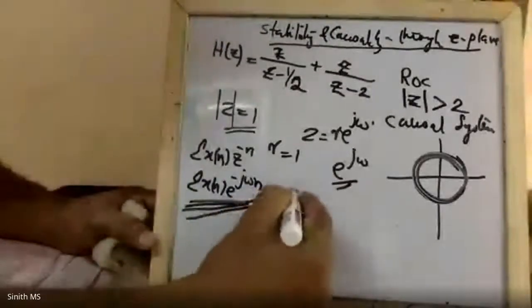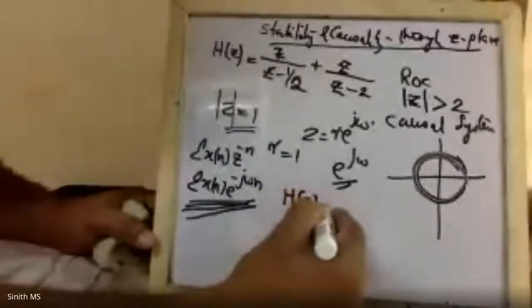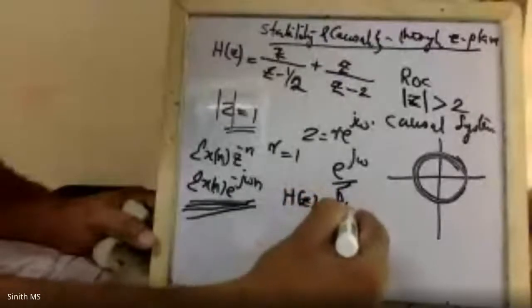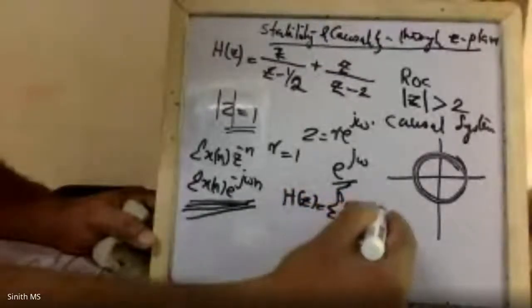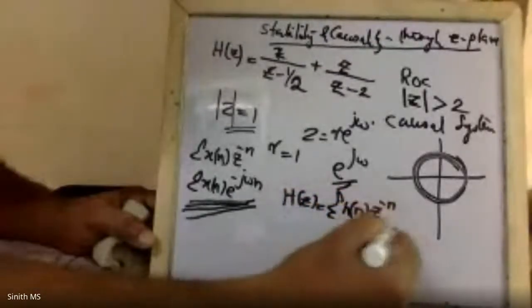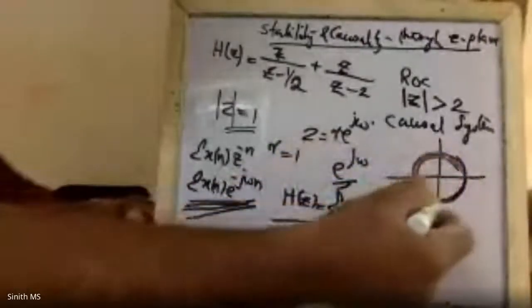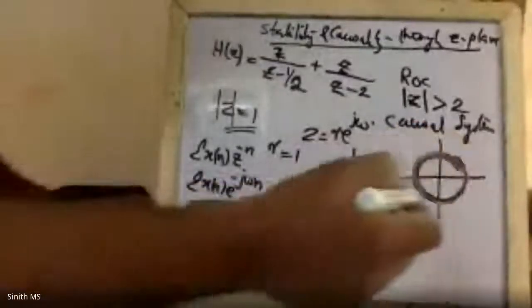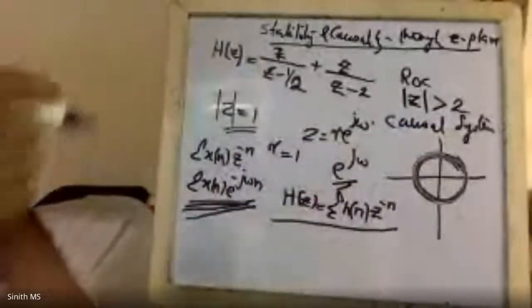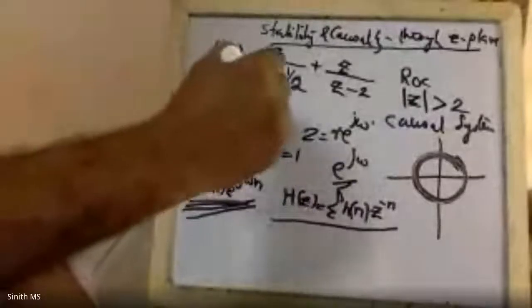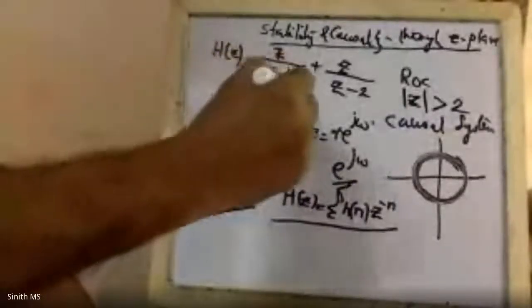H(z) is basically the sum of h[n] z raised to minus n, and you can easily show that if r equal to 1 has a convergence, this is definitely going to be stable. Here we are considering BIBO stability.